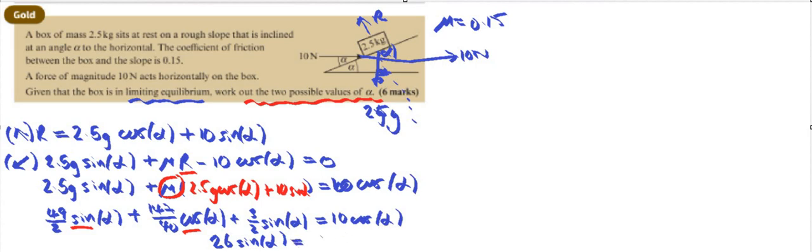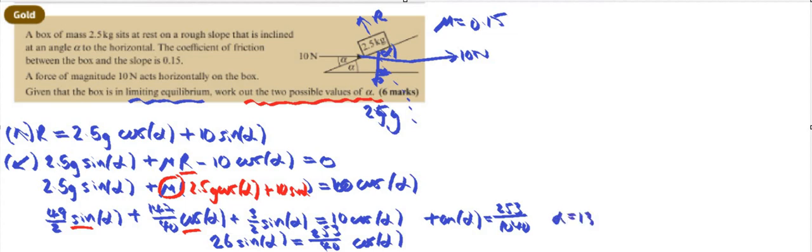That's equal to 253 over 40 cos alpha. Now if I want it to be tan, it's going to be sine over cos. So tan of alpha equals 253 over 1040. So therefore alpha equals 13.67 degrees by using arctan of 253 over 1040.